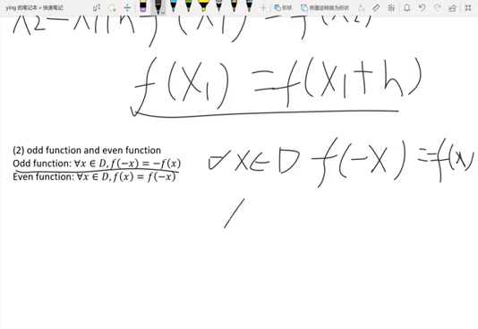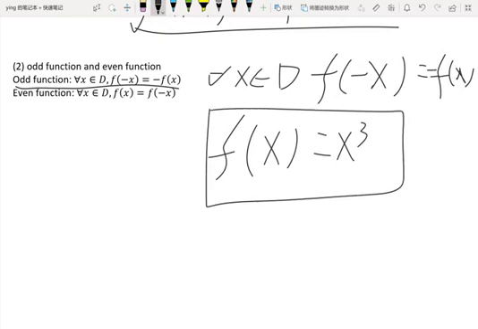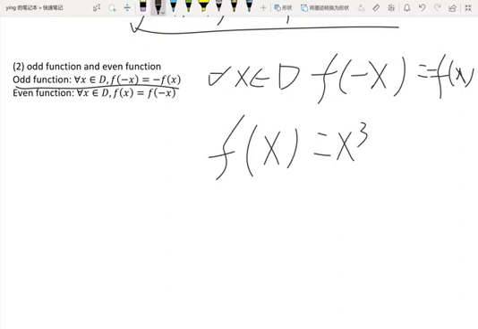So for example, look at this. If we define a function that is like this, and we want to see if it is an odd function, we do this.